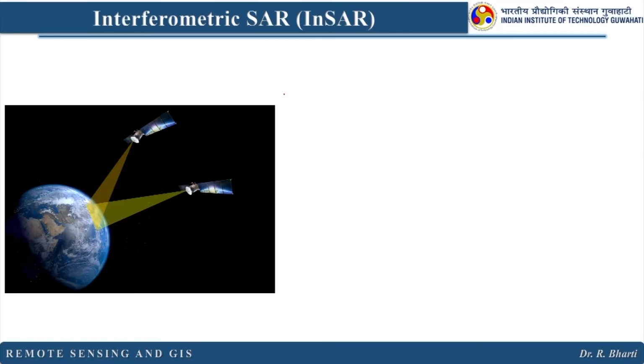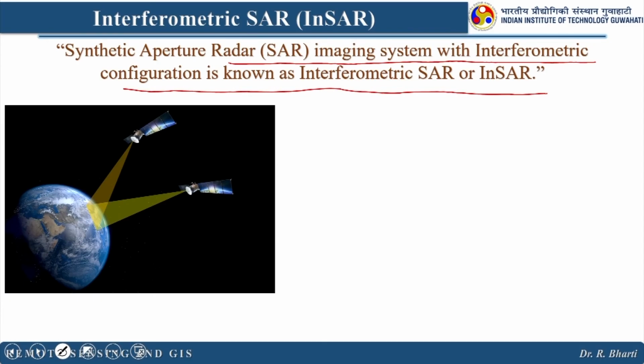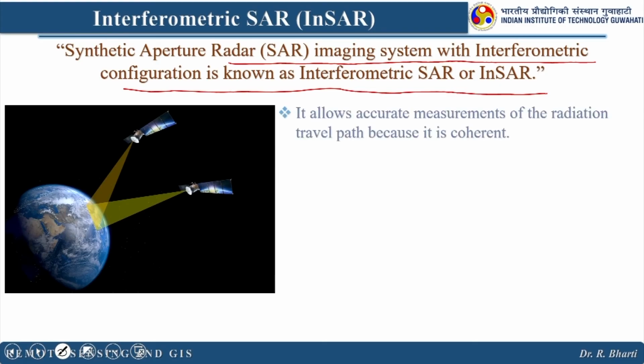So, this is another type of imaging technique which is known as interferometric SAR, also known as INSAR. INSAR is very popular. A synthetic aperture radar imaging system with interferometric configuration is known as interferometric SAR or INSAR, right.